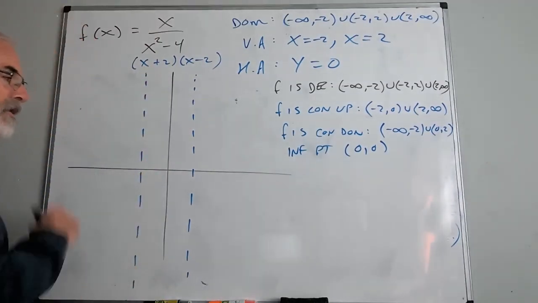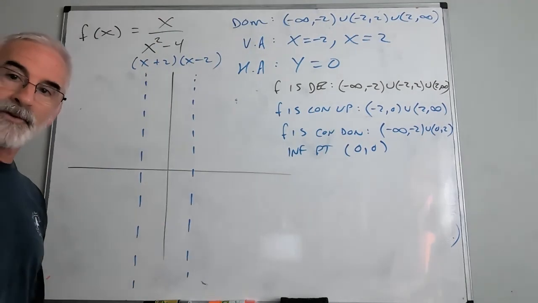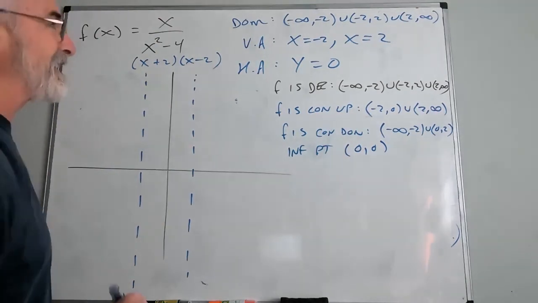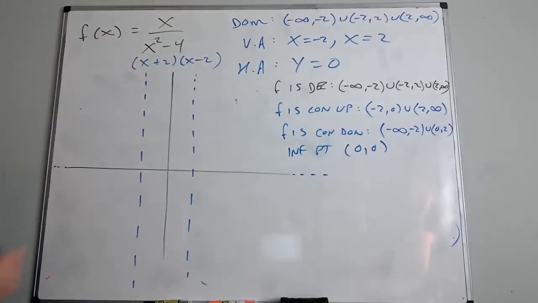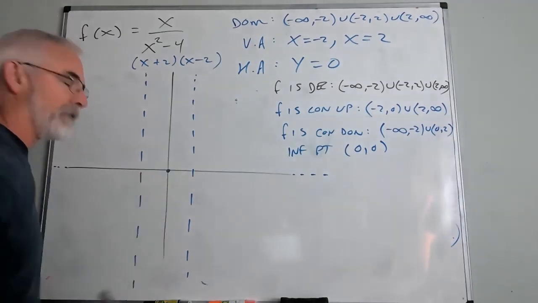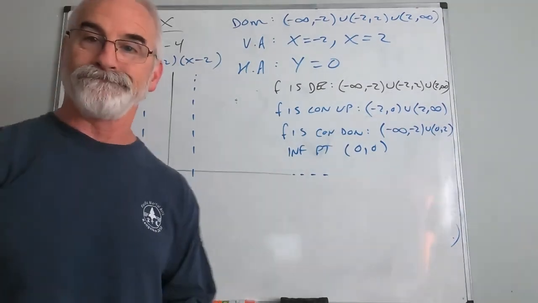Usually, if you're indicating a horizontal asymptote, you also put a dotted line where the horizontal is, but our horizontal is the x-axis, so it's often good form. We just do this. That indicates it's that. All right, let's plot our one point. There we go. Now, you guys ready to draw perfection?